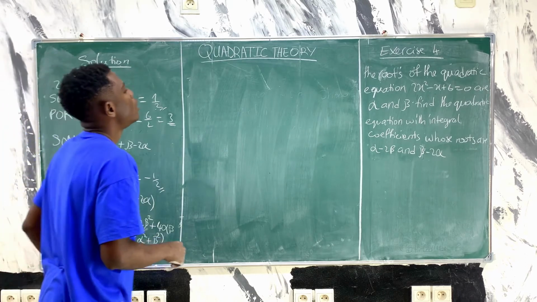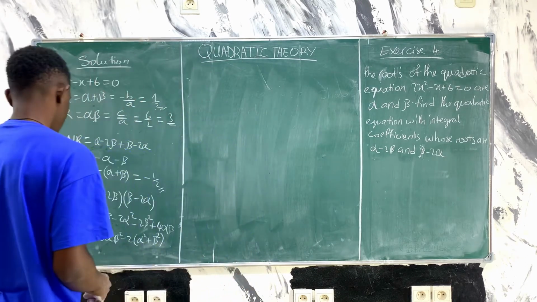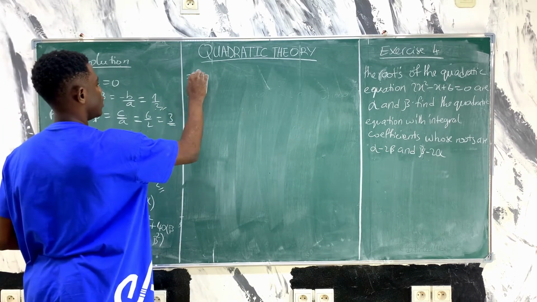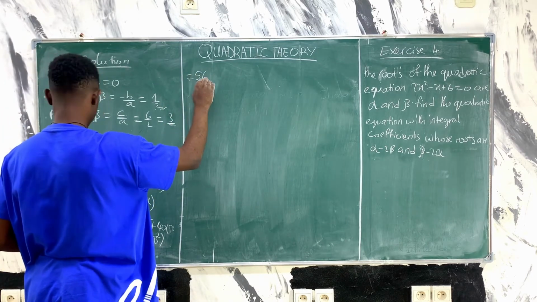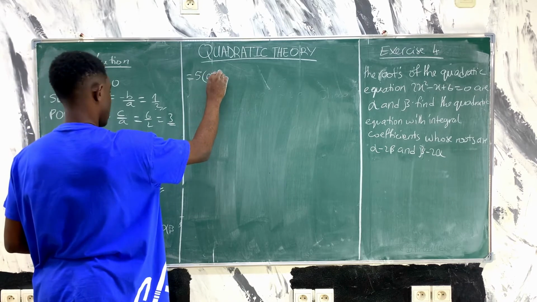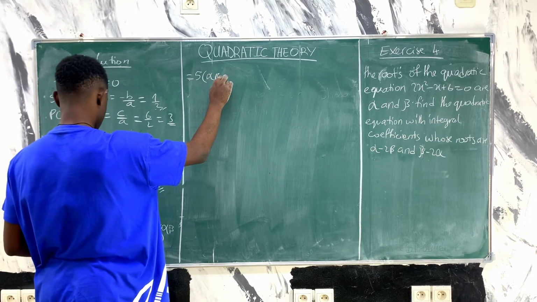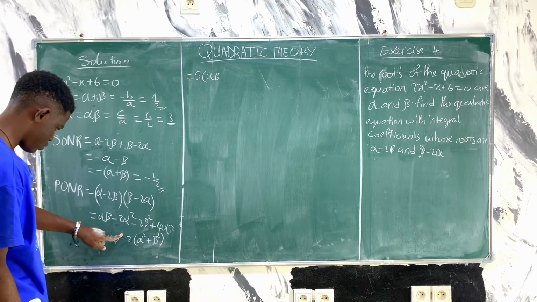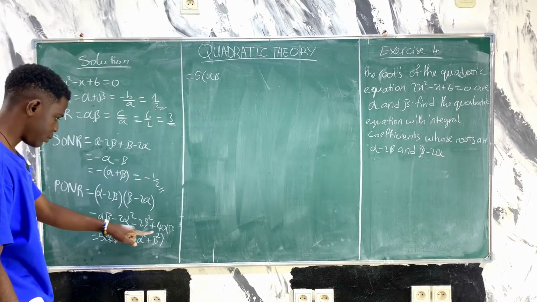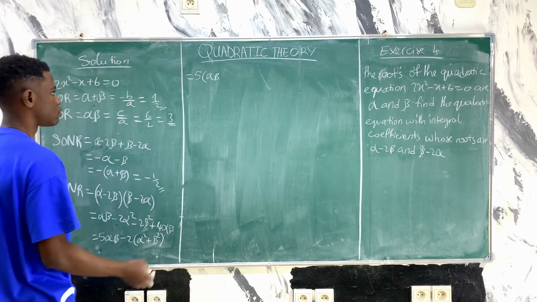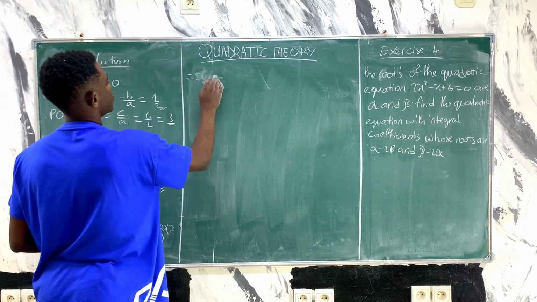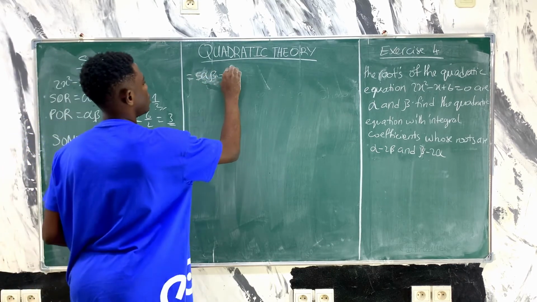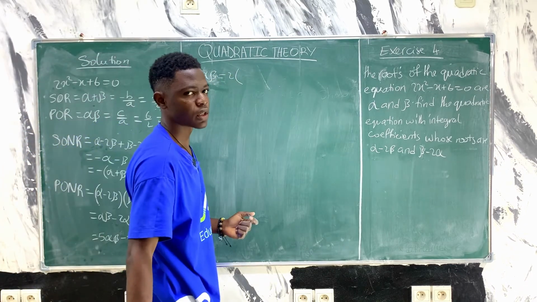So how am I going to continue? I will have 5 alpha beta minus 2 into alpha squared plus beta squared.